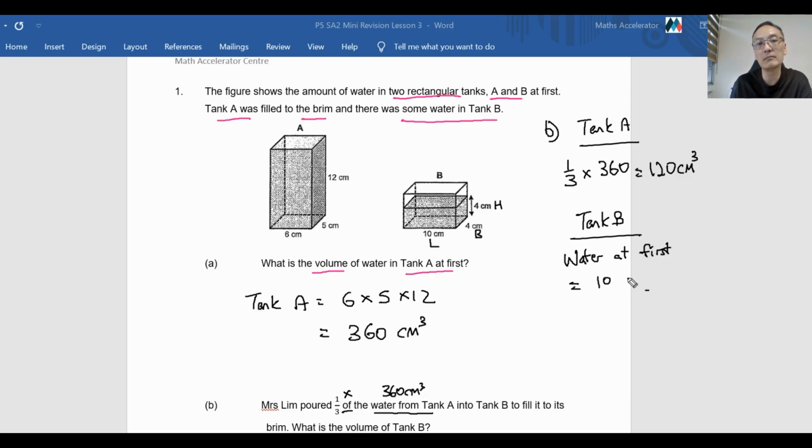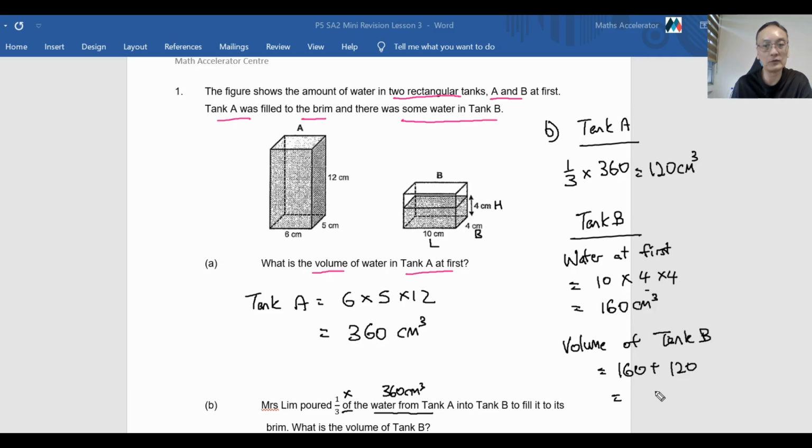So we take 10 multiplied by 4 times 4, and we arrive at 160 cm cubed. So to find the volume of tank B, we simply add what was at first with what was added. We added 120 from tank A, and that will give us 280 cm cubed. So that's how we arrive at the answer for this question.